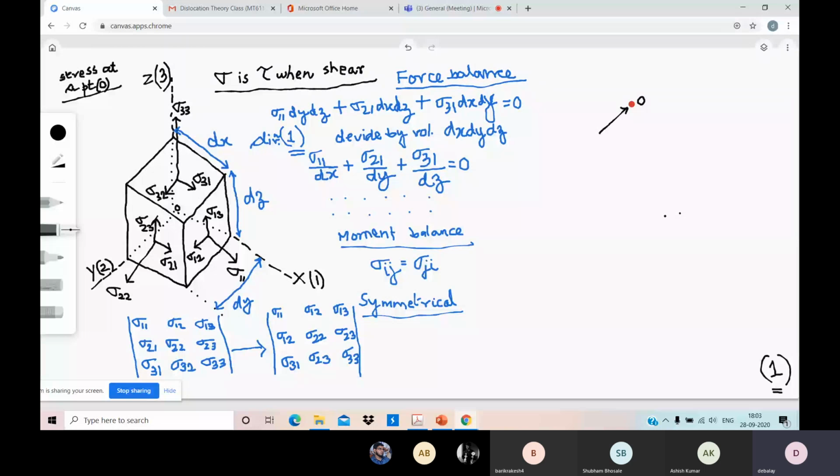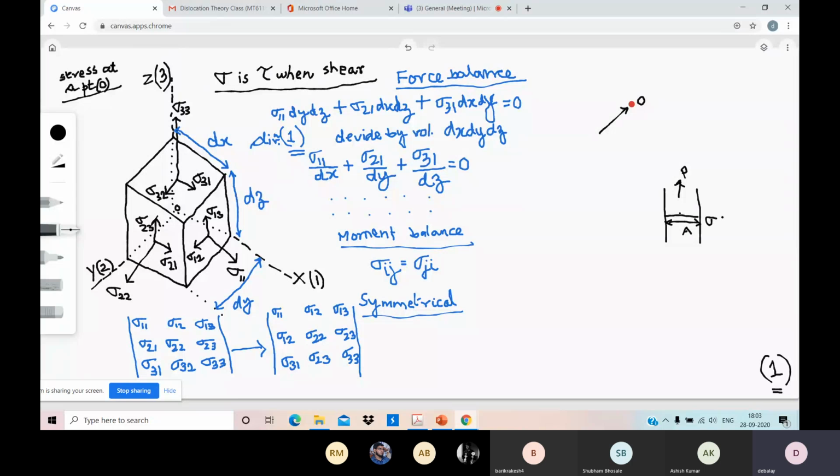So we know that what we do to calculate stress is we consider the load. We consider the load that is acting, total load P, and we consider the area on which the load is acting, say A, and we represent the stress as the average stress on the plane.